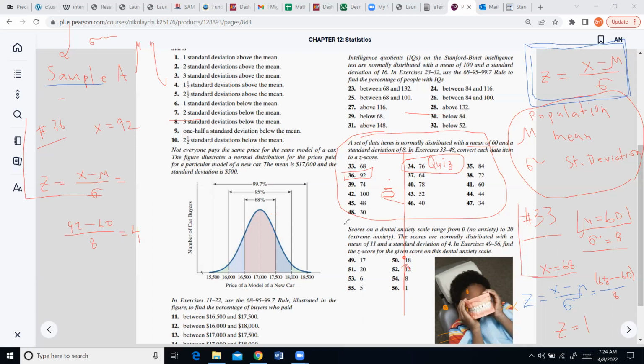So use this conversion formula and tell me what you think z will be for number 76. So it looks like all you have to do is replace the values of x with 76, like I did in these exercises, right? So just do this carefully, and this will be today's quiz. So just let me know the answer, and after that you can enjoy your weekend.